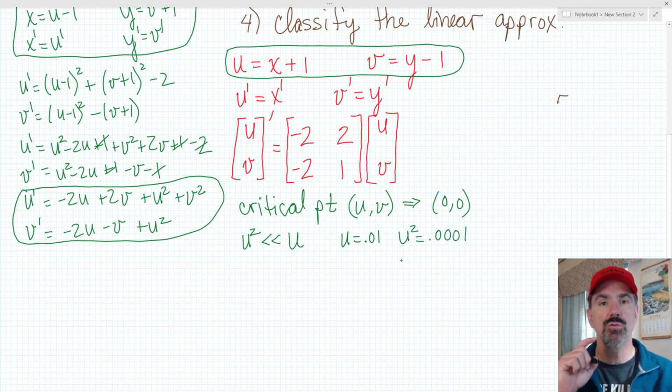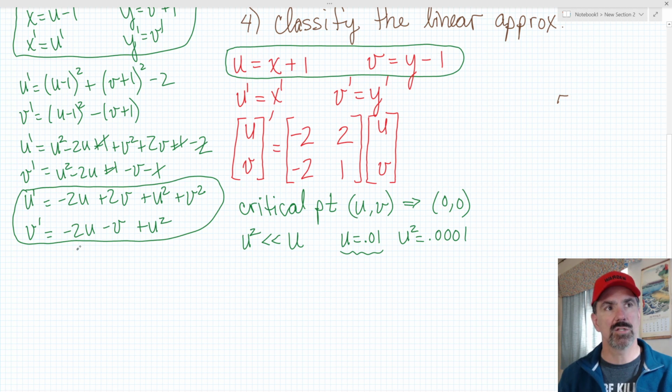So when I'm close to 0, the values of the higher order terms are considerably smaller, and I'm going to approximate them to be 0. This is the idea of linearizing near the origin. So in this case, u has 100 times more influence than u squared.